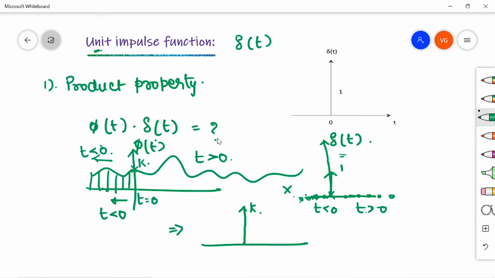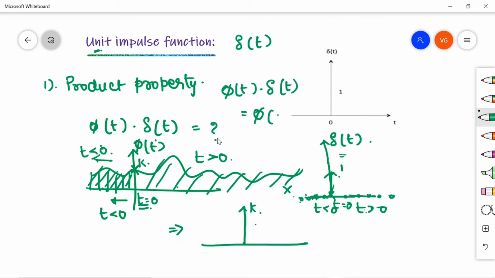So if I multiply your base signal with del of t, the amplitude of the signal also will become 0 except at t is equal to 0, because at t is equal to 0 I have amplitude for my del of t. So this is the resultant signal. This can be defined as phi of t multiplied by del of t is nothing but phi of 0. That is, at t is equal to 0, whatever the amplitude, that is the resulting signal.